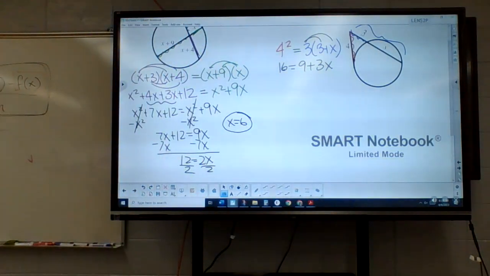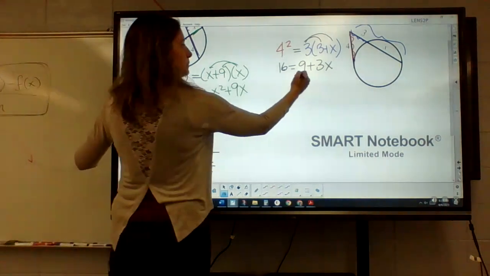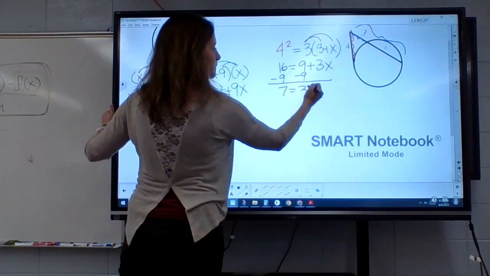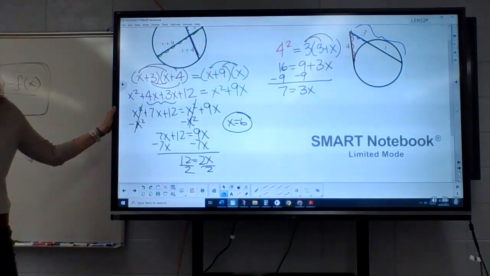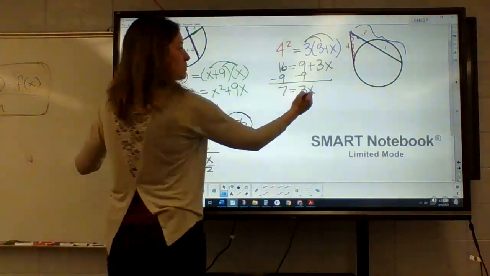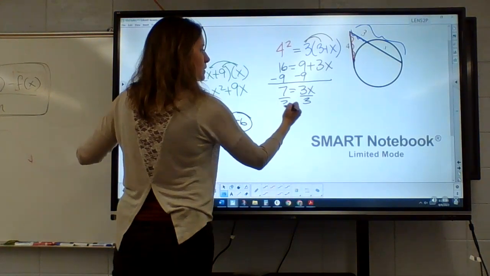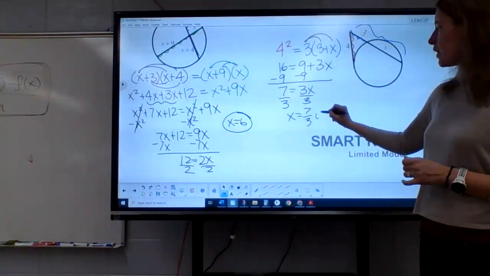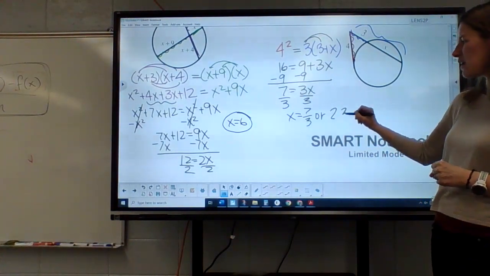Distribute that 3 in. And bring the 9 back over. And again, we get a decimal, but don't think you're wrong just because you have a decimal. So x ends up being 7 over 3, or 2.3 repeating, right? Yes.